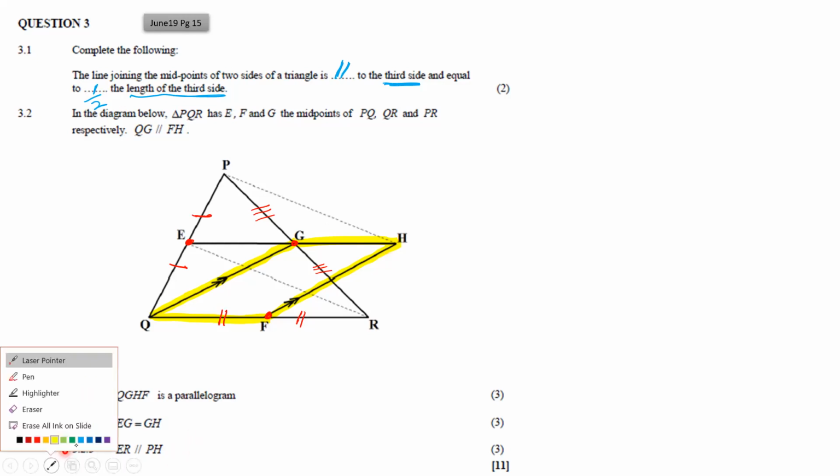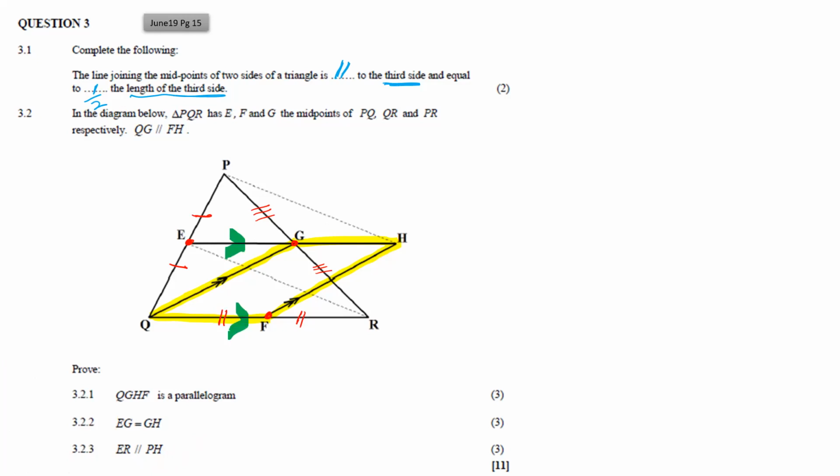If I look at the question now, I'm going to change my color. I know that FG is also parallel to QR because of the midpoint theorem. So I need to now write that out. For those of you confused, if we look at triangle PQR, E and G are midpoints.